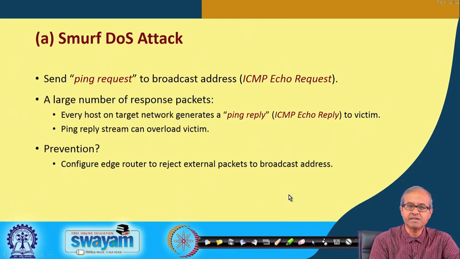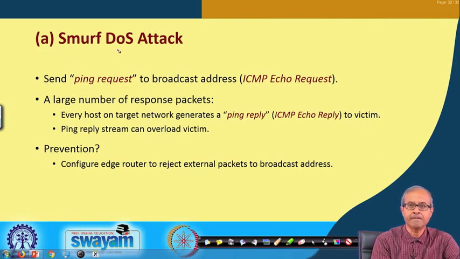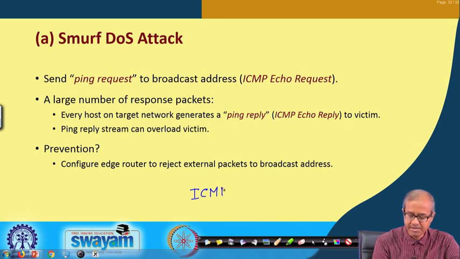Now, let us look at the first kind of attack called Smurf denial of service attack. Now, let me tell you how this attack happens. You see, ICMP is one protocol I talked about, Internet Control Message Protocol.